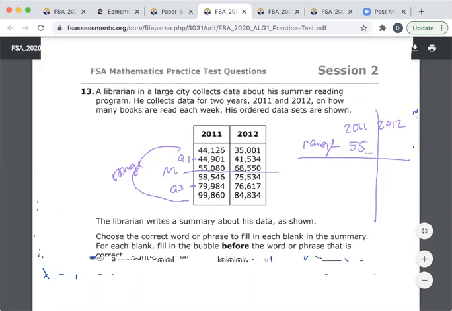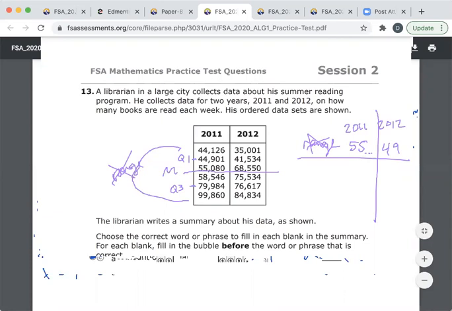If I were to say 84 minus 35, that is 49. So that's nowhere near close. So we know it is not going to be range. Okay, we're looking for values that are the same.